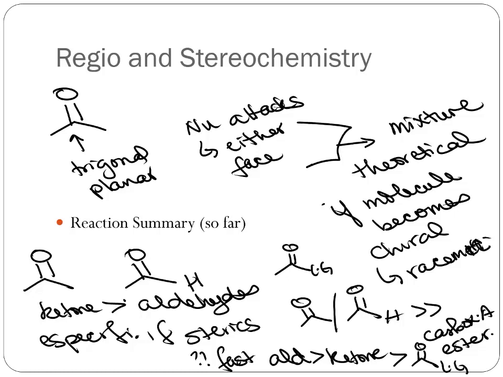Ketones and aldehydes are faster than those. So if I ask you about the rate of the reaction, the speed, which one's faster or slower, you can tell me. You could also say, if I had two functional groups on the molecule, for instance an ester versus a ketone, you know that a ketone would be faster.